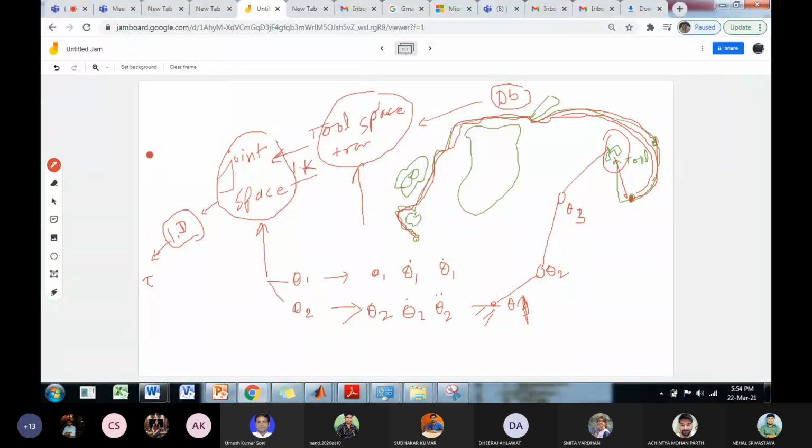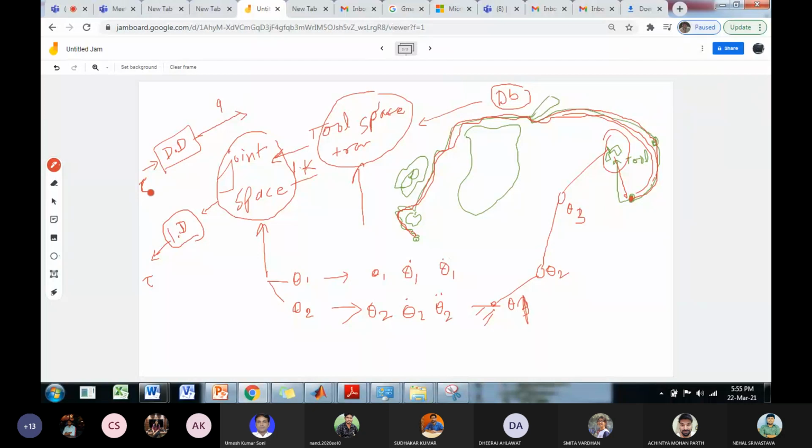In the direct dynamics problem, you have applied a certain torque, suppose tau, then you solve the differential equation for that robotic structure, and based on that you obtain q, the joint variables.